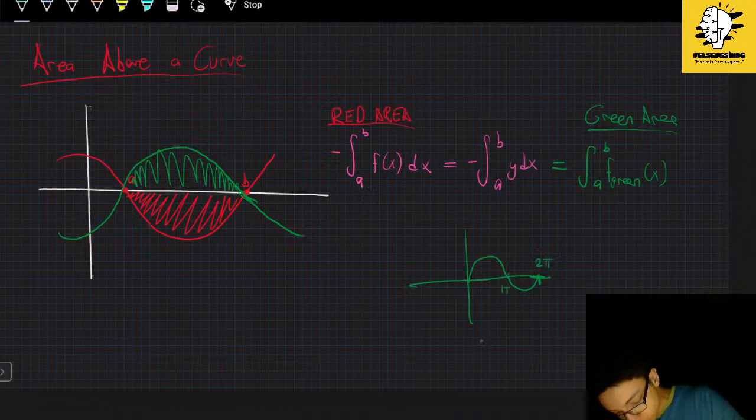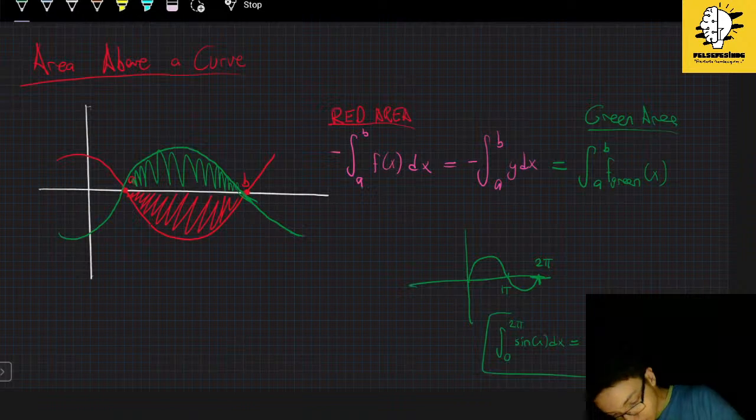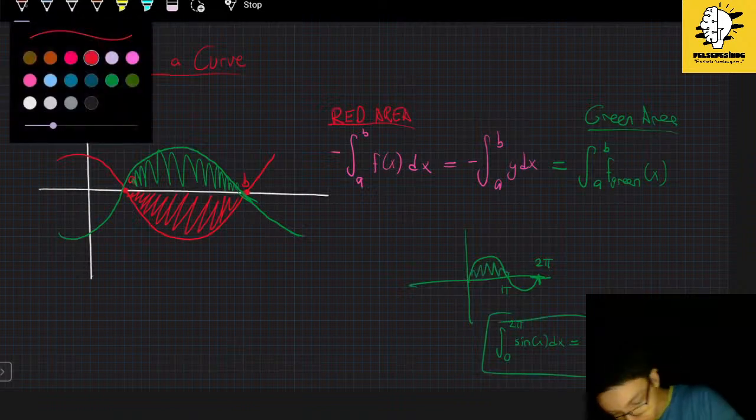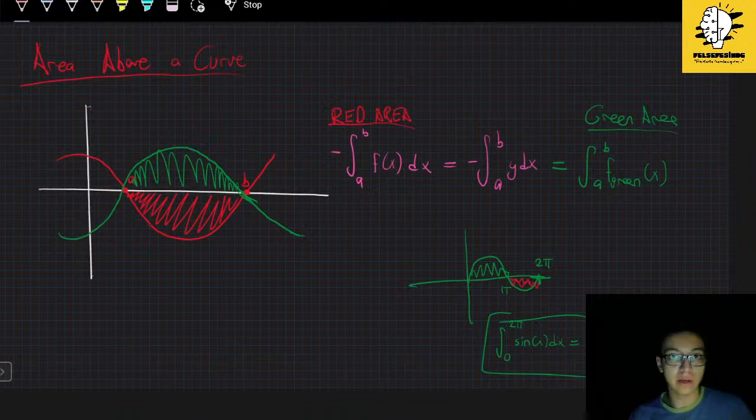If you were to take the integral between 0 and 2 pi of sin x dx, what would it be, do you think? 0. Yes, exactly. Because this area is equal to this area. Therefore, it will be the green area minus the red area.